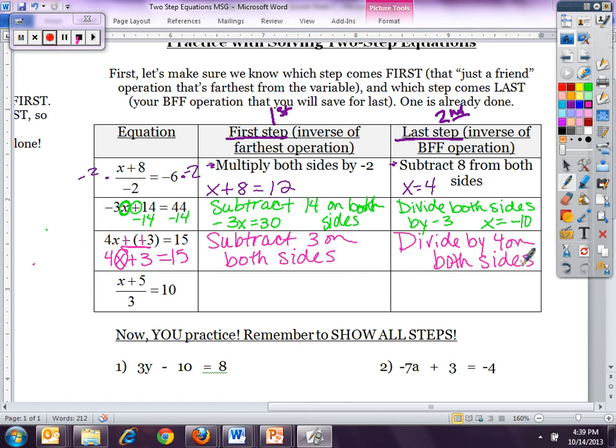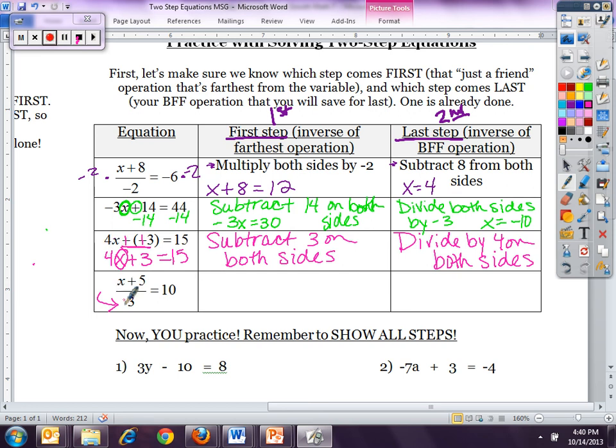Okay, so now here's another tricky looking one. I want to make sure that I get rid of any kind of fractional part. If I'm dividing by something on the bottom, I need to do it first. That's opposite of what we've been doing up here. Up here we've been doing multiplication or division last.